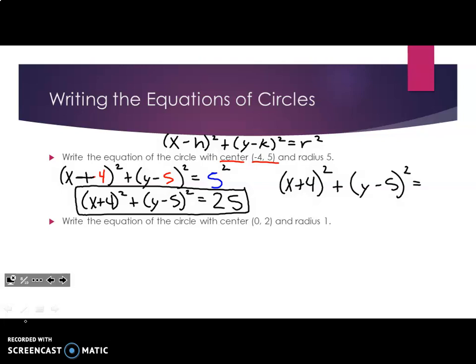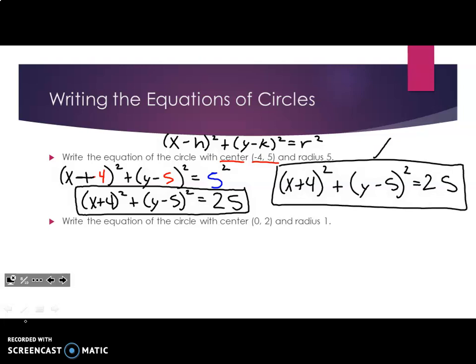So you could do it that way as well. And then for your radius, 5 squared, which you might do in your head, is 25. So you can definitely just look at these and do it. After you do it a few times, you probably will be able to just look at it. But to start, you'd want to plug these things in.